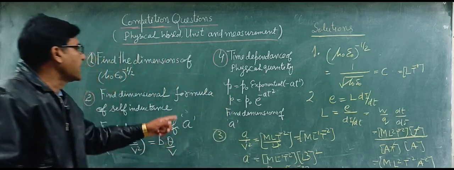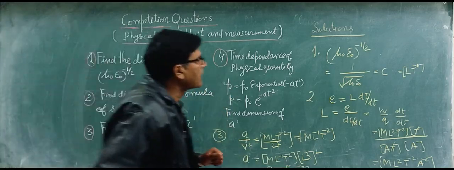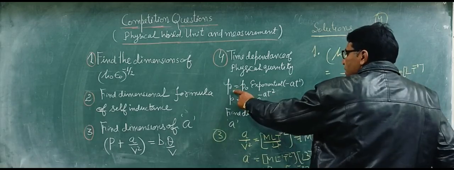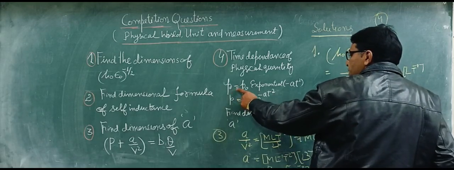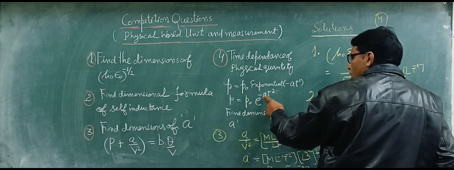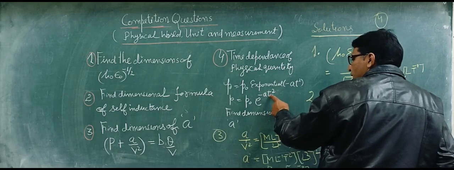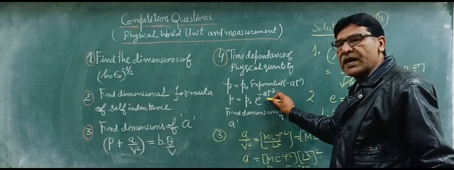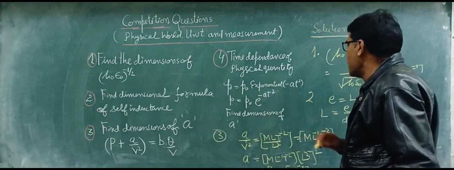Similarly, we have the last question, the fourth question. Let me write it here. This question is very simple. This is the equation, P is equal to P0 e raised to power minus a t squared. This is the exponential, and the power of the exponential is always dimensionless.